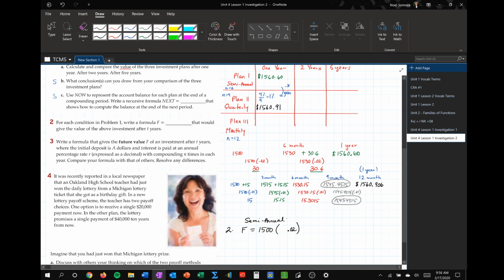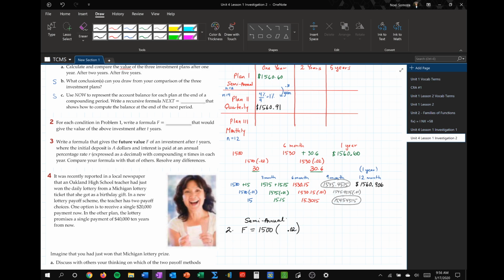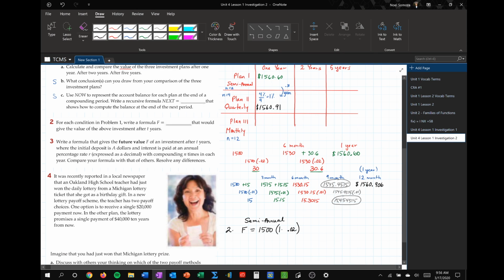So my rate, rather than it being 4%, got slashed. We had to cut it into 2 parts, so it became 0.02, or 2%. And very similar to what the final value for simple interest is, there's a 1 plus in here. Why do you think that is?